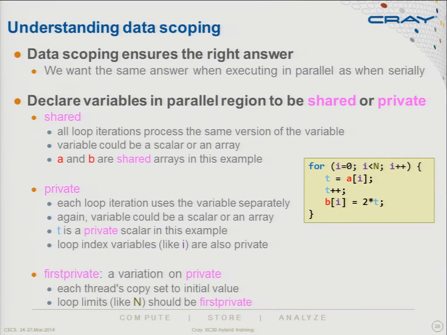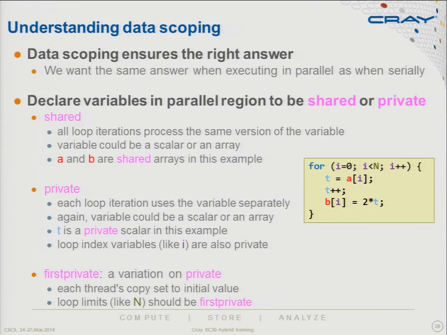If you're going to do any OpenACC programming, you have to understand something about data scoping, in the same way that you do if you want to do OpenMP programming. Data scoping is a way of ensuring that we get the right answer whether we're running in parallel or serially. So we have to declare the variables in a parallel region, whether it's OpenMP or OpenACC, to be shared or private. Shared means all loop iterations process the same version of the variable. That variable could be a scalar or an array. Typically, it's an array.